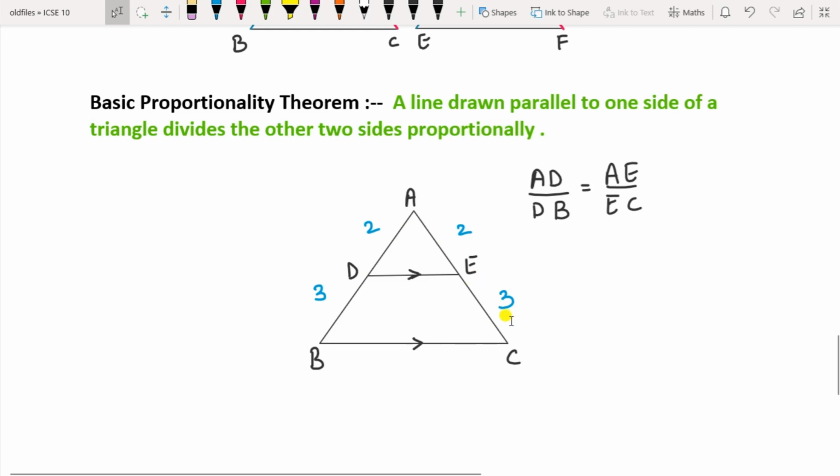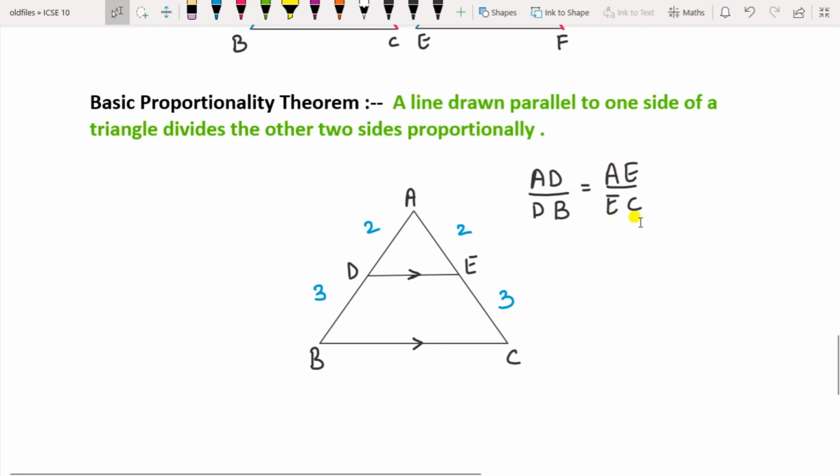So that is called the basic proportionality theorem. A line drawn parallel to one side of a triangle divides the other two sides proportionally. That is AD upon DB equals AE upon EC.